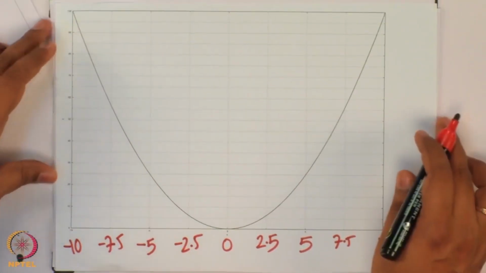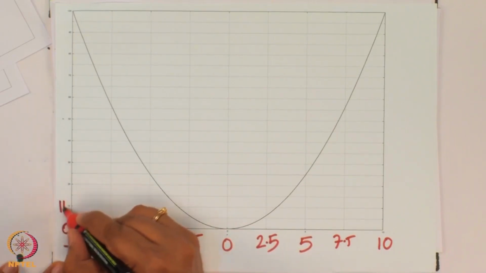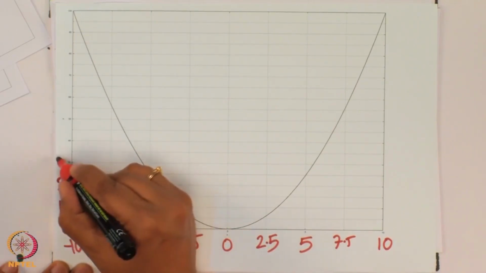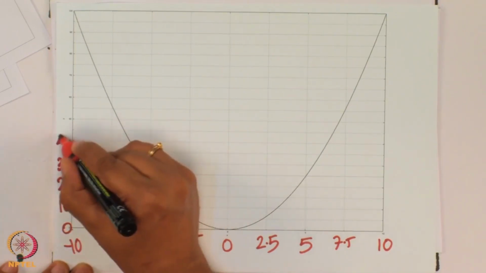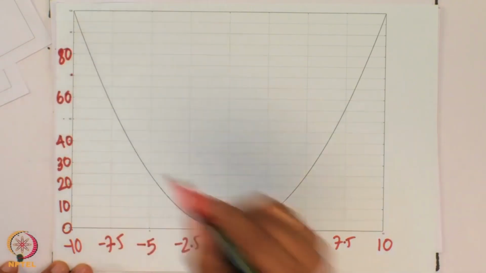Correspondingly, let me draw some important values here. This is 0, of course, and this is 10, 20, 30, 40, 50, 60, 70, 80, and so forth.